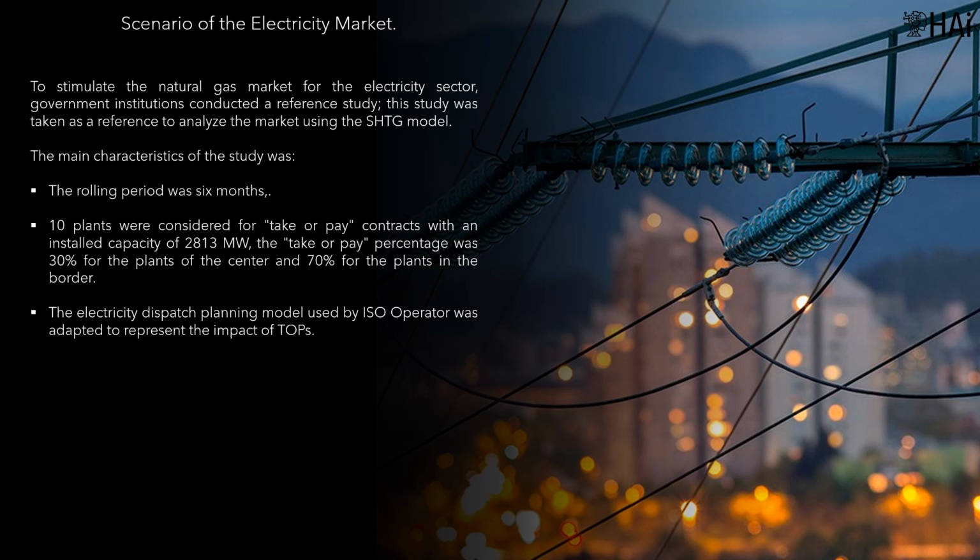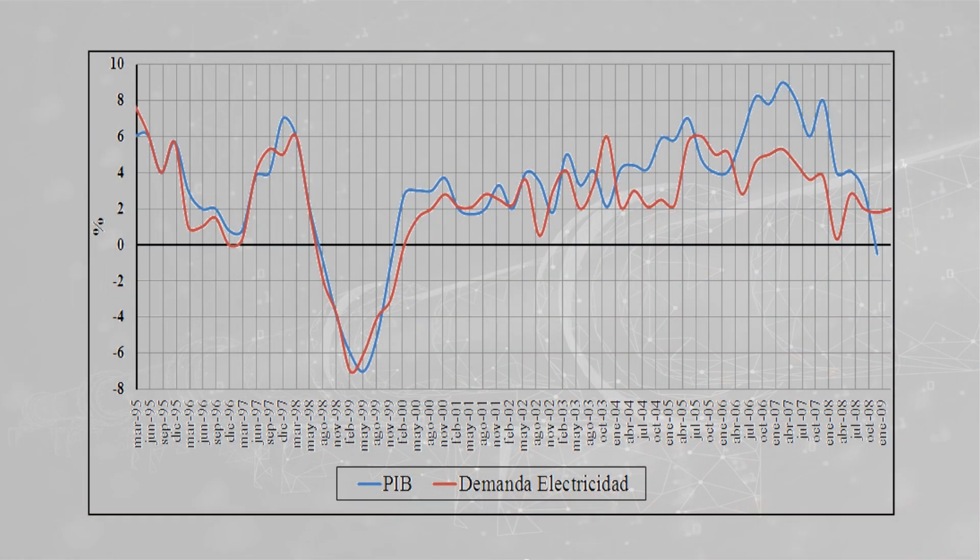The take-or-pay percentage was 30% for the plants of the center and 70% for the plants in the border, and the electricity dispatch planning model used by the ISO operator was adapted to represent the impact of TOPs. The model turned out to be correct, since in early 1998 it detected the market crisis between 1998 and 2000, which led to bankruptcies of thermal generation companies.